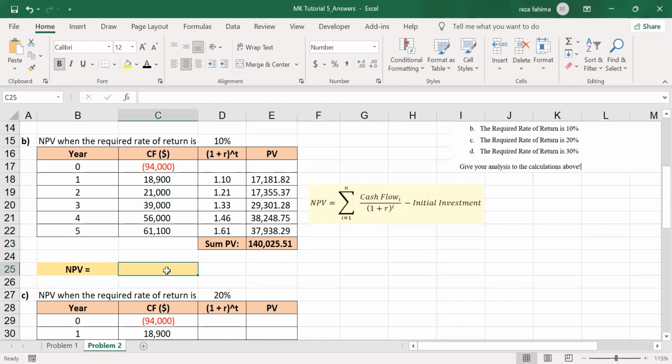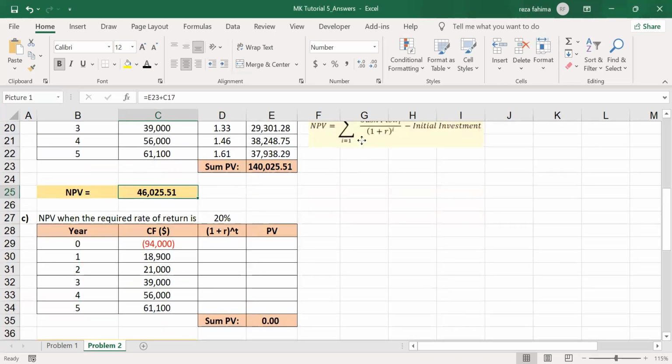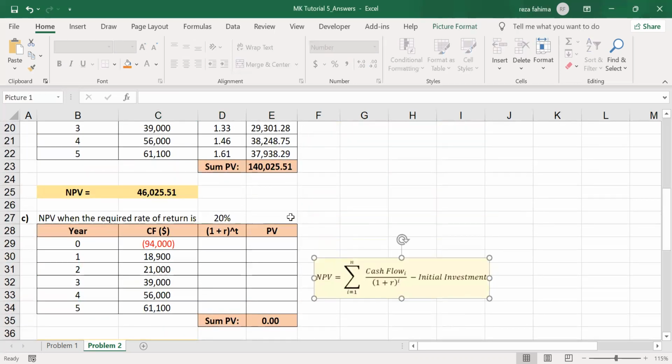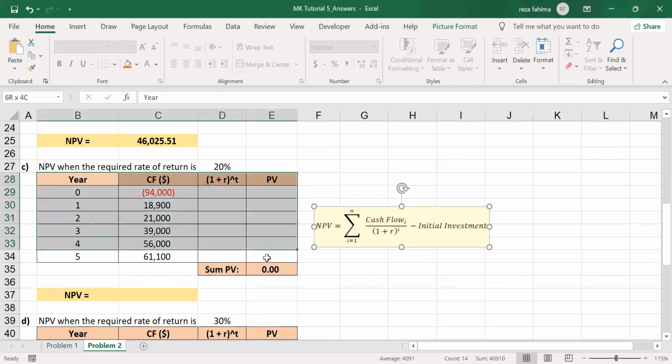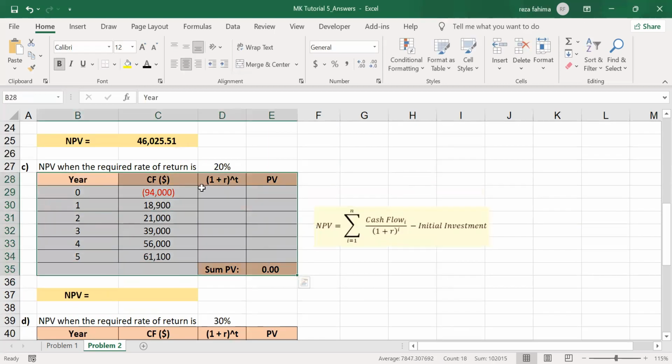And then for the NPV, we simply subtract this sum of present values by the initial cost or initial investment, and we get our NPV when the required rate of return is 10%, which is $46,025.51.